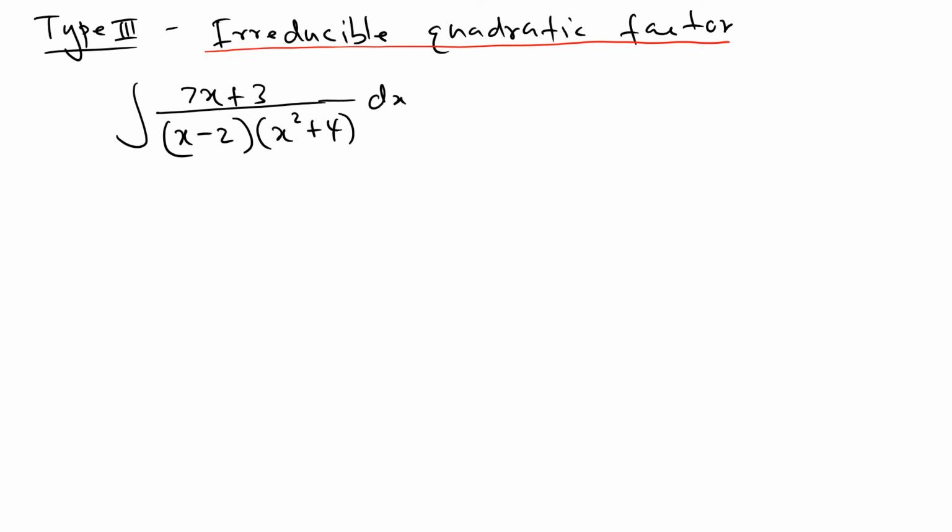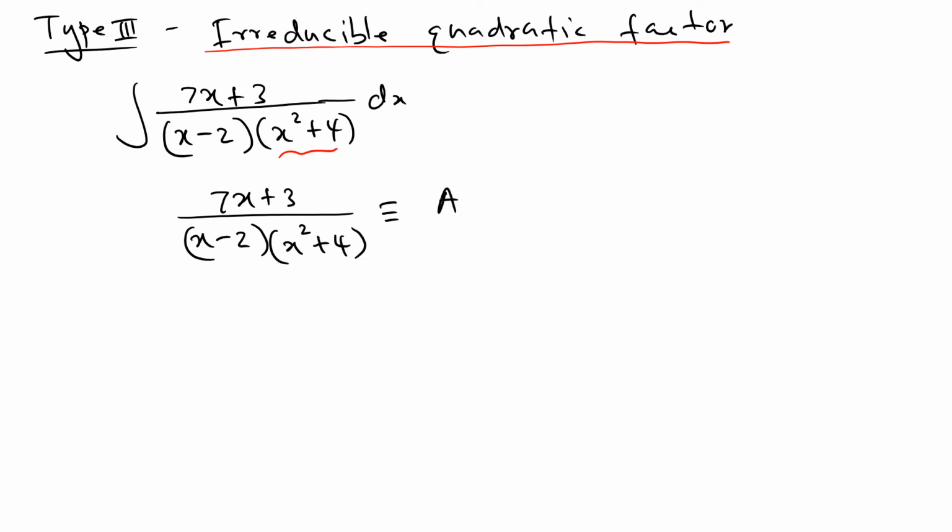If you get a problem like that, what are you going to do? You can see there's an irreducible quadratic factor. You can't break this into linear factors with real coefficients. In complex you can, but with real, no. So you have a different format now. 7x plus 3 divided by x minus 2 times x squared plus 4 is identical to, first write the linear one. That's the easy one.